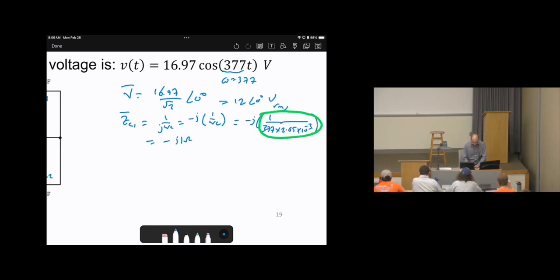The other element, the second capacitor, ZC2 bar, is 1 over j omega C2, or negative j over omega C, which is going to be negative j divided by 377 times 1.33 times 10 power negative 3. Substitute what's inside the brackets in the calculator, then it will be 2, so negative j2 ohms.